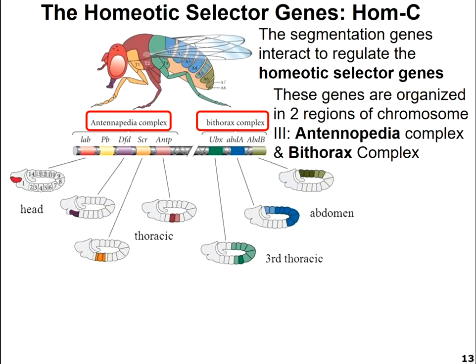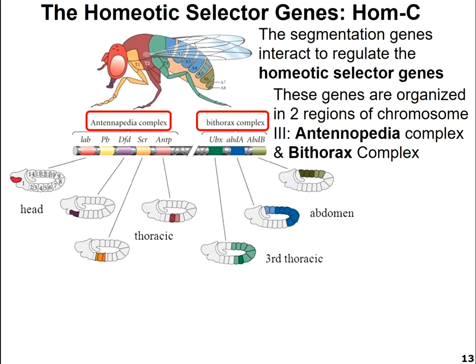They are divided into complexes, the Antennapedia complex and the bithorax complex, which are found in two different regions of the third chromosome. So the Antennapedia complex has more anterior genes, and the bithorax complex has more posterior genes. And remember that their position in the chromosome corresponds exactly to their pattern of expression.